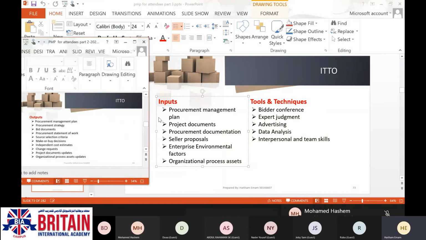See, the procurement management plan is an output of plan procurement. It's here. Project documents, it's here. Additionally, procurement statement of work is part of the procurement documentation. Bid documents are part of procurement documentation. Additionally, the organizational process assets update will be here as organizational process assets. Is it clear for you right now or no?